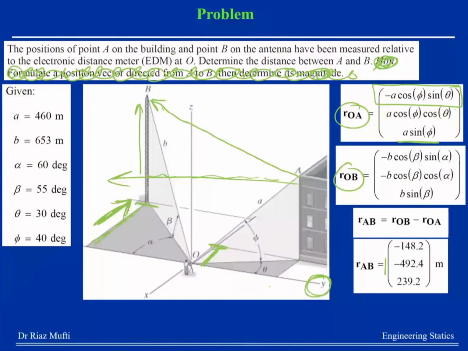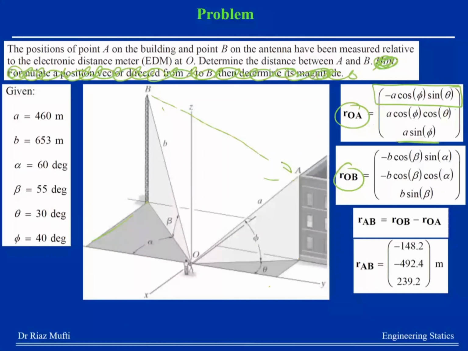But if I had to go for BA, that's from B to A, then clearly the distance x is now in this direction, in positive x, so this would convert into positive.